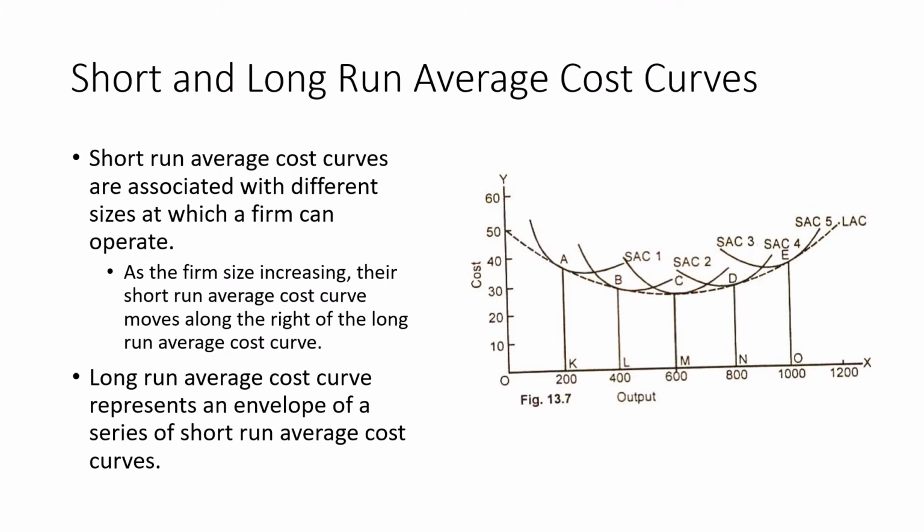We can plot short run and long run average cost curves. So the short run average cost curves for a particular business are these little U-shaped curves in here. Okay, the long run average cost curve envelopes all of the short run average cost curves underneath.